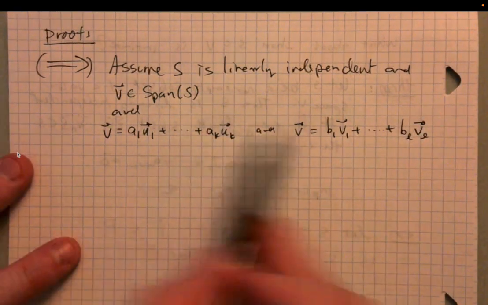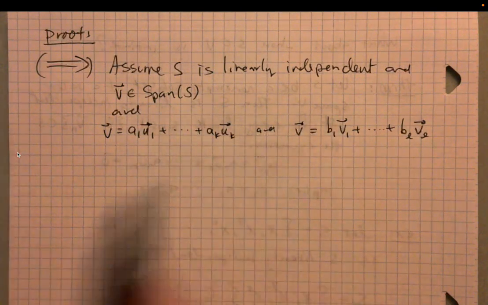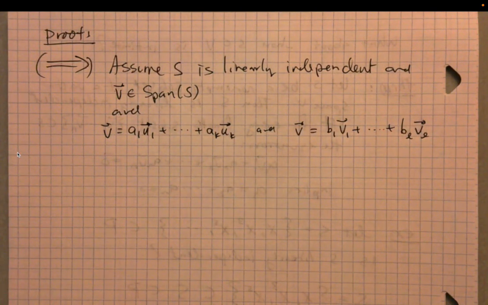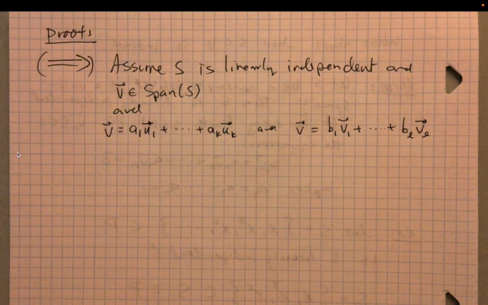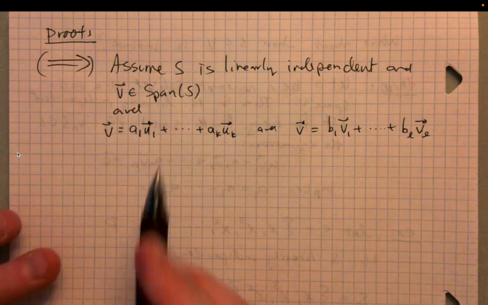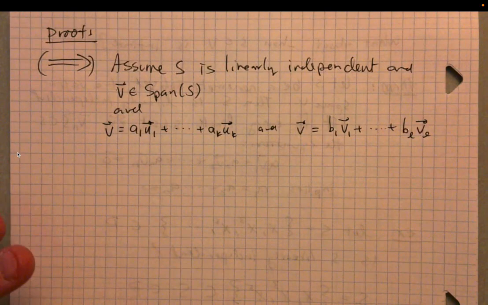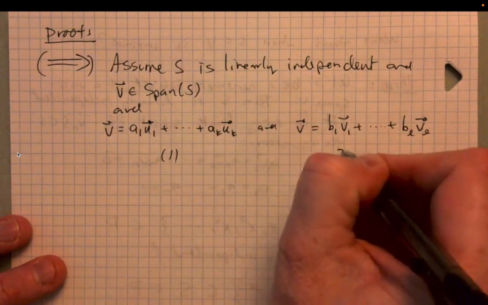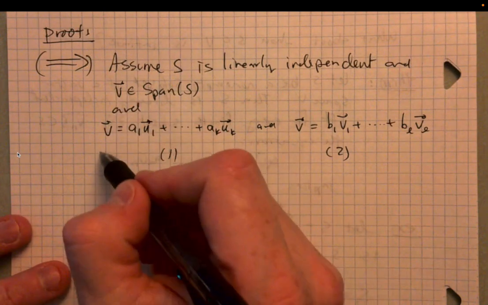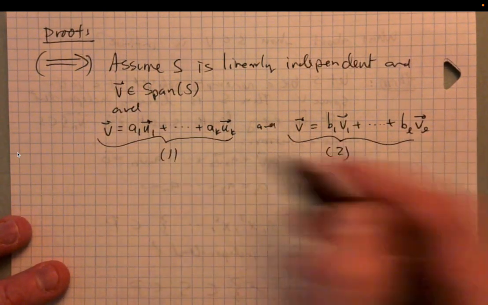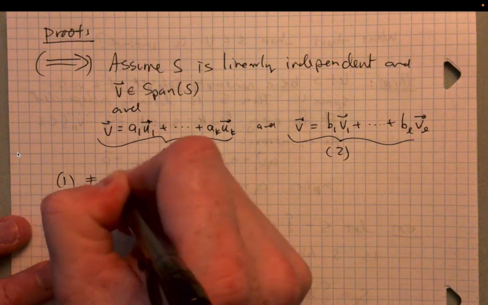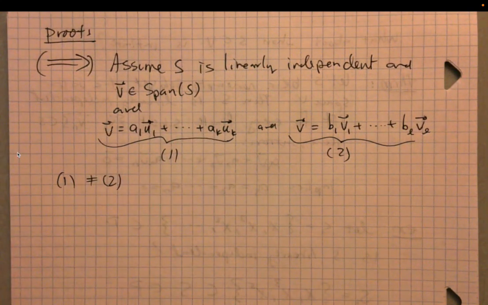Okay, so these two different ways of writing V are different, they're distinct. Right? So again, keep your assumptions in front of you. S is linearly independent and V is in the span of S, and V has these two distinct linear combinations. We'll just call them combination 1 and combination 2. Specifically we would say that 1 is not equal to 2 in the sense that at least one of the terms varies.